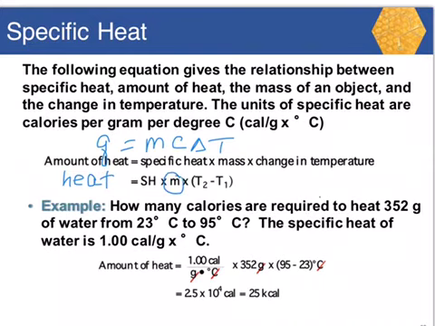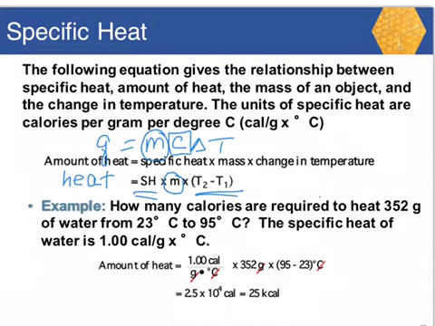You can see that the mass is the same in both these formulas. But SH stands for specific heat, and in the chemistry formula, C stands for specific heat. And delta T, delta means change, so change in temperature refers to T2 minus T1.